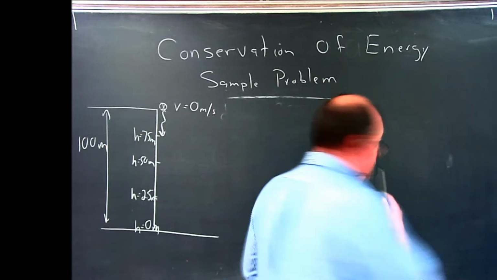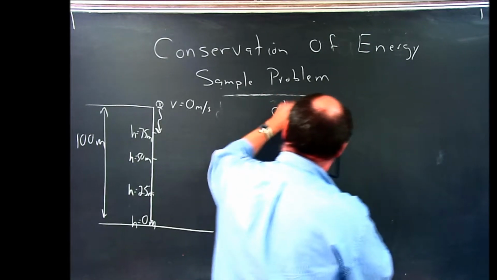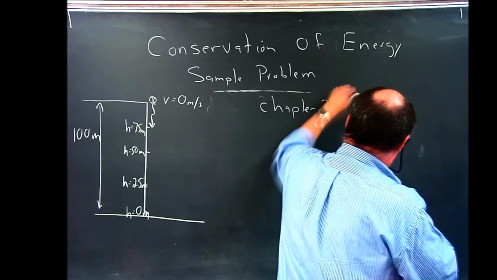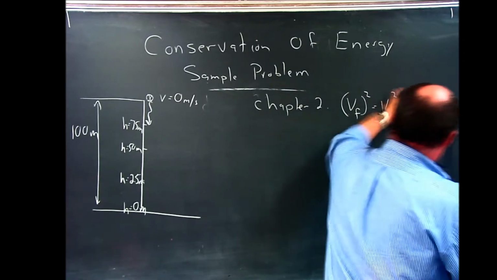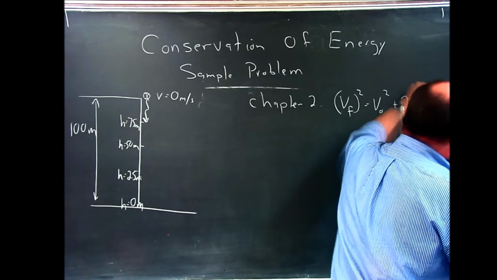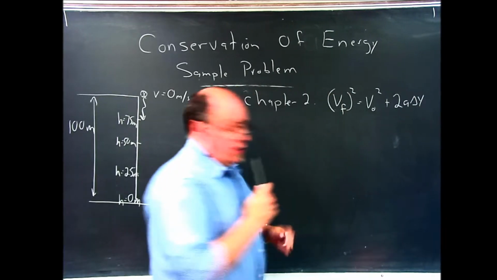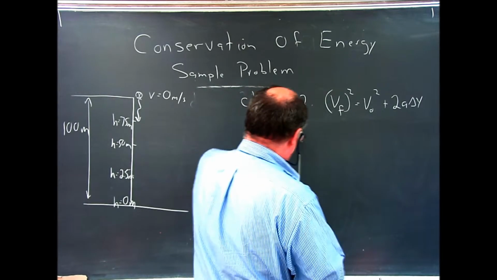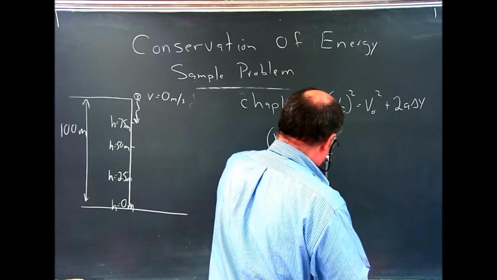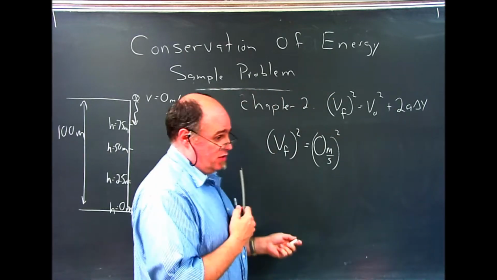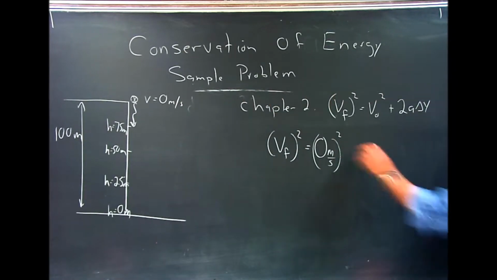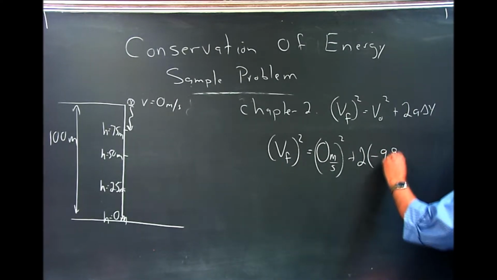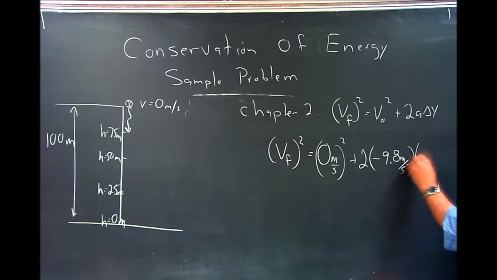So let me erase that, and then we'll calculate these things. From Chapter 2, we learned this formula: V final squared equals V initial squared plus 2A delta Y. And if we plug in those numbers, V final squared equals 0, we don't even have to write that because it's 0, plus 2 times negative 9.8 times negative 25 meters.